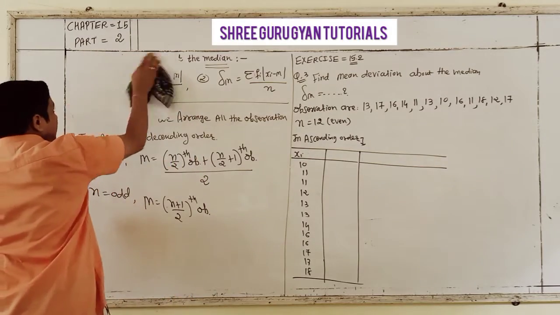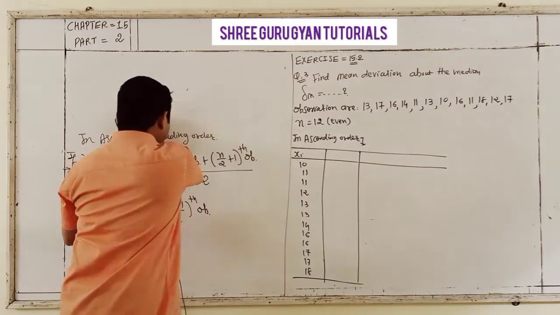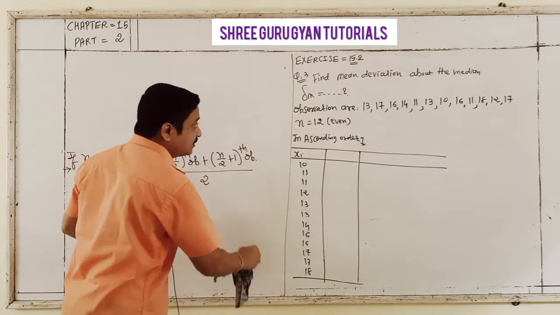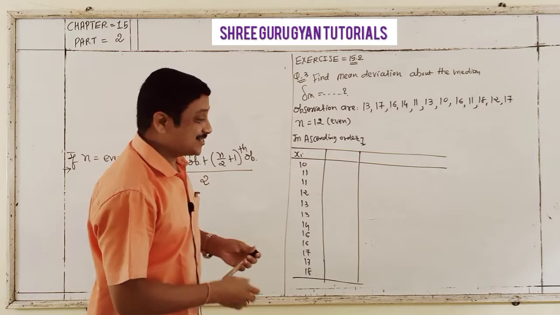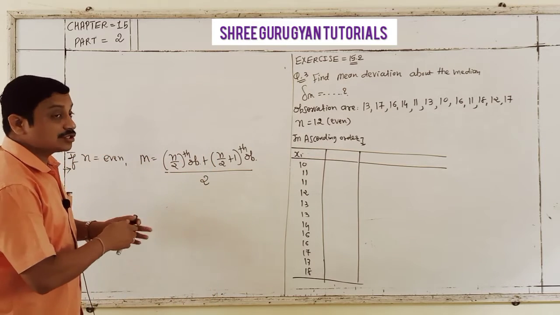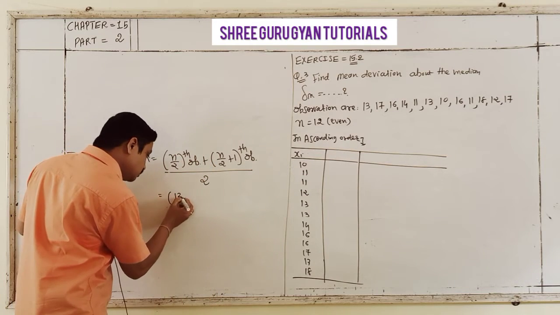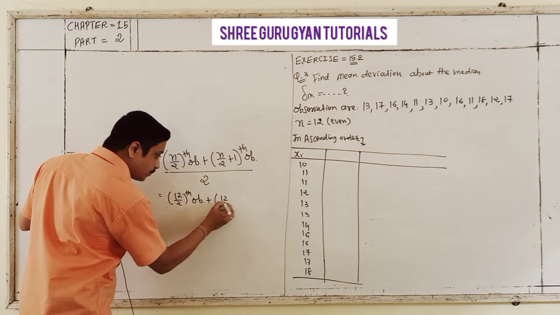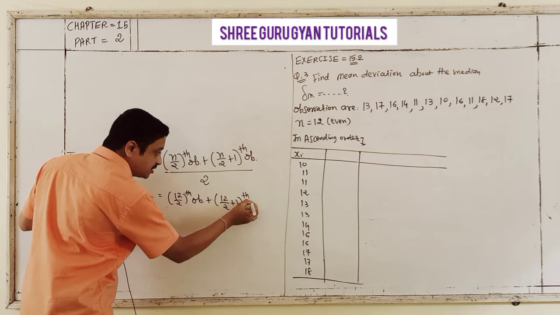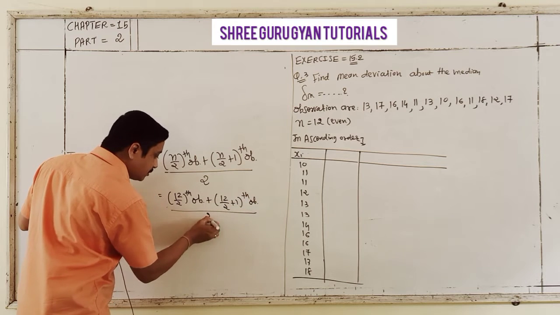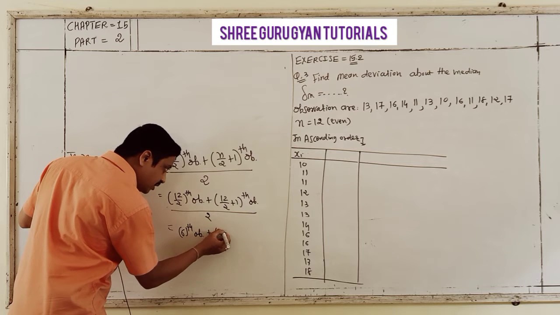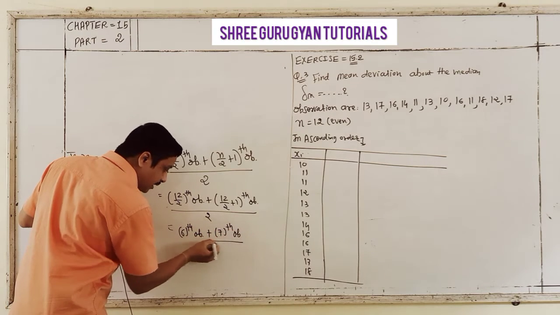You just use this formula first, and that property I will use here, because the observations are even, n is total 12. So here the (12 by 2)th observation plus the (12 by 2 plus 1)th observation, divided by 2. Here the 6th observation and here the 7th observation, by 2.